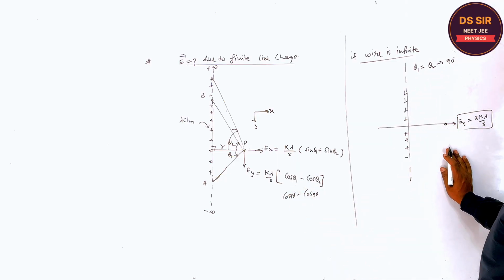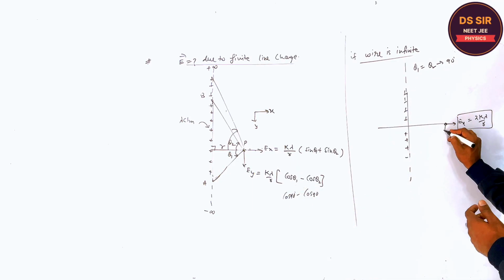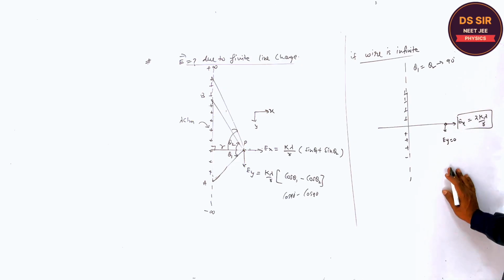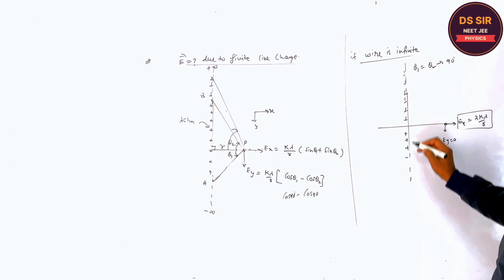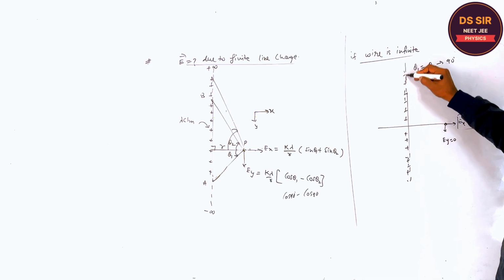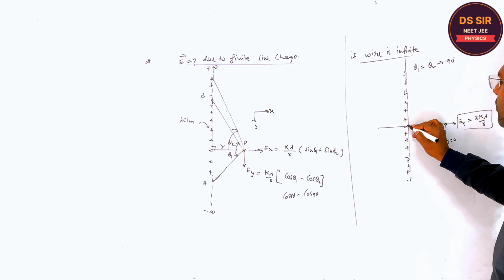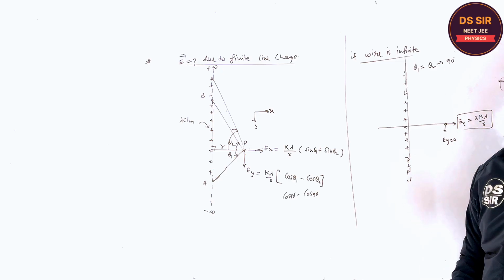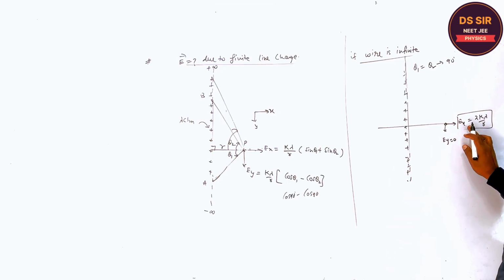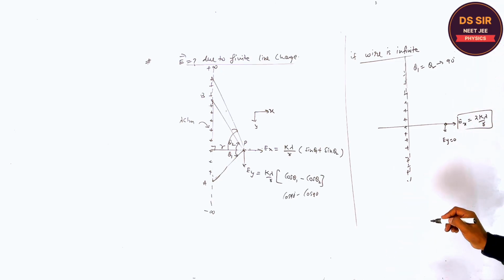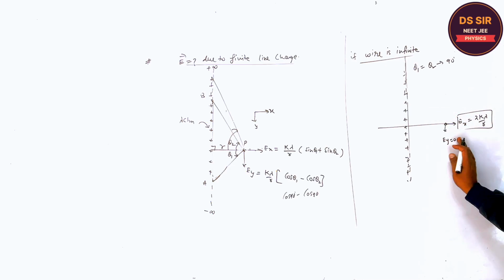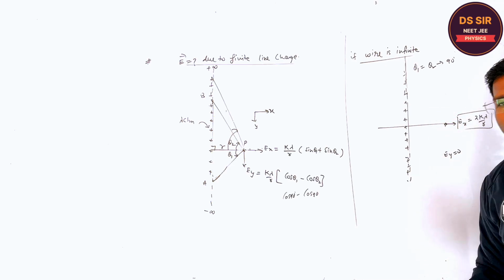So there is no y component, only the x component is there due to this infinite wire. And due to this infinite wire, we found the electric field with the help of a Gaussian surface, Gauss's law also. The electric field comes to be 2kλ/r in this direction, right? And here the y component is 0. Is it clear or not, you tell?